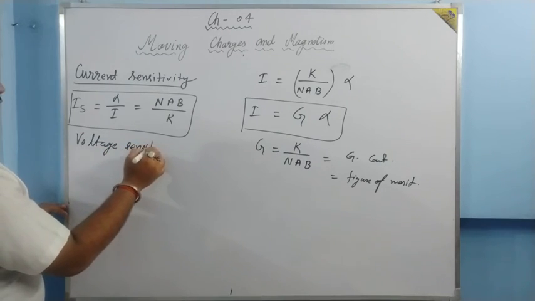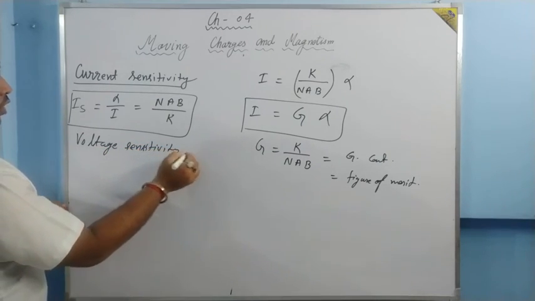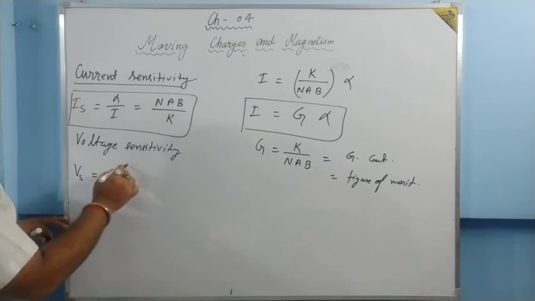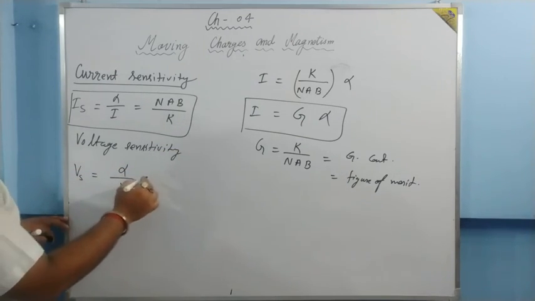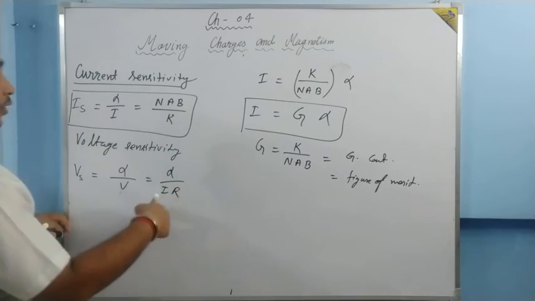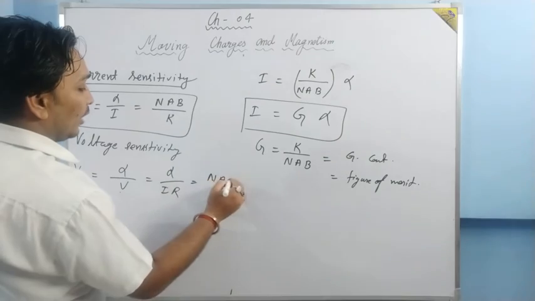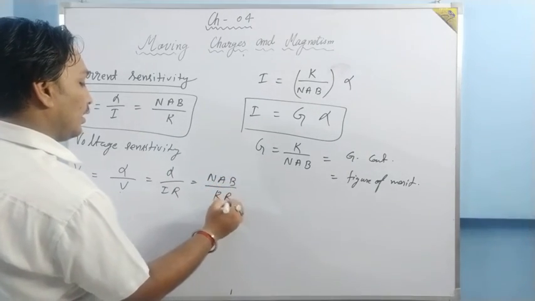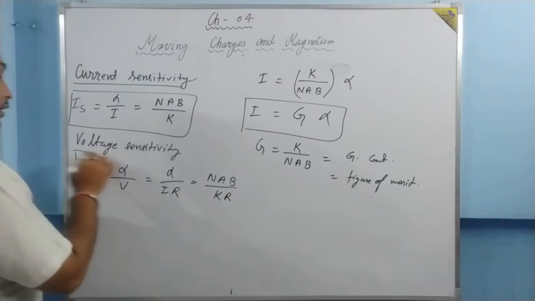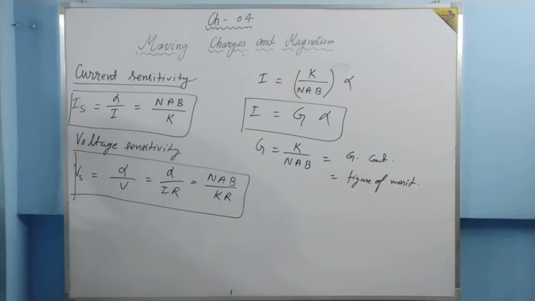How is voltage sensitivity defined? In the same way, deflection per unit voltage. Voltage can be written as current multiplied by resistance. So alpha upon V will be NAB upon K into R. This is called voltage sensitivity.